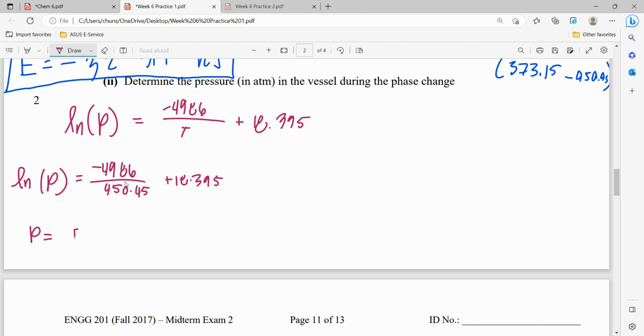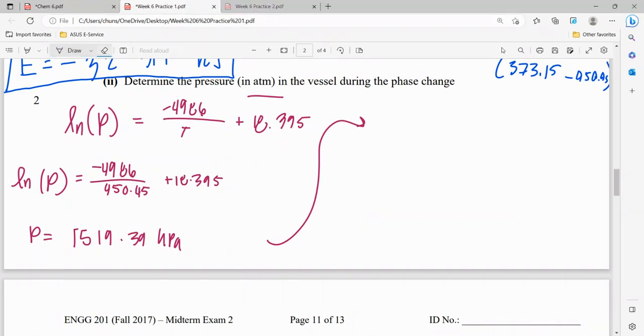Okay, and this is equal to 1,519.39 kilopascals. We want this in atm, so we're going to divide by 101.325.